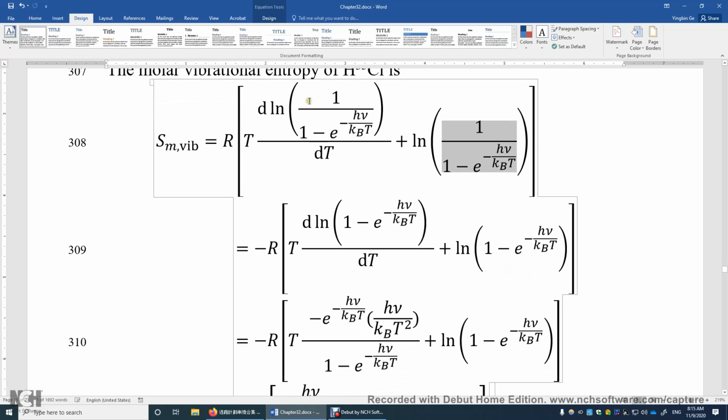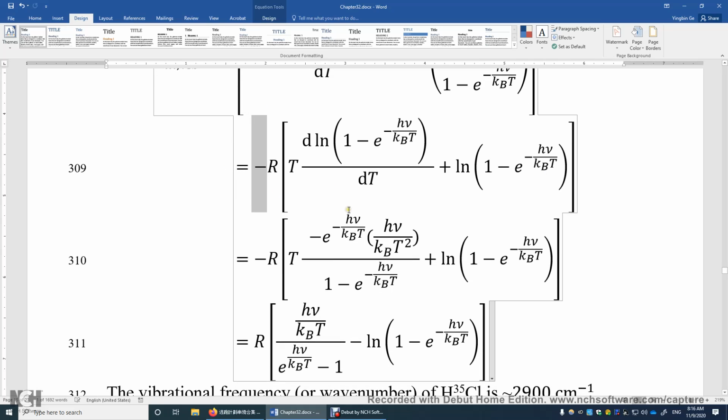So we just need to do some mathematical operations here and here. We have a negative sign here because I need to flip this and flip this, just for convenience. And then over here, we just need to take the first derivative of this.